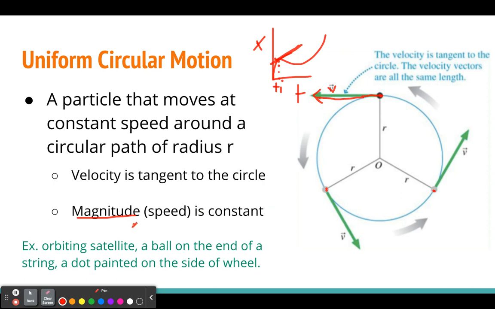So the direction is not constant. Only the magnitude of the velocity is constant. So direction is constantly changing, but the physical magnitude of that velocity remains the same.